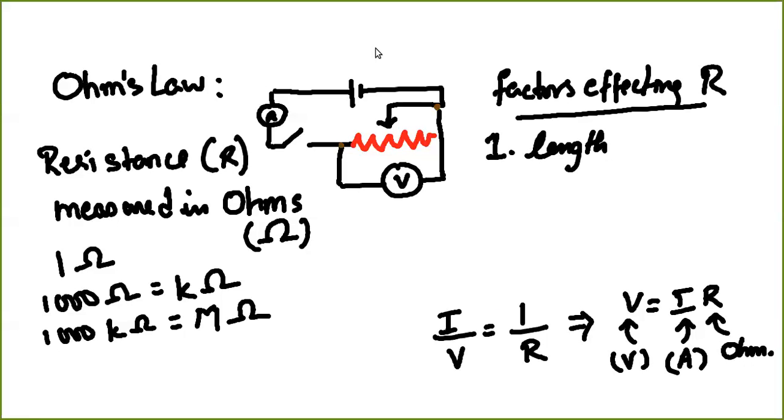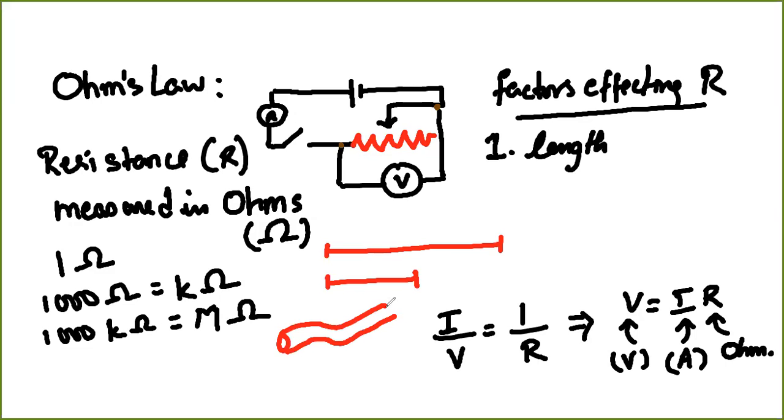So when I talk in terms of length, George Simon Ohm's experiment has adequately demonstrated that if you take a wire of the same dimensions, which means the cross section of the wire does not change. Any wire has a certain cross section, a width over here.